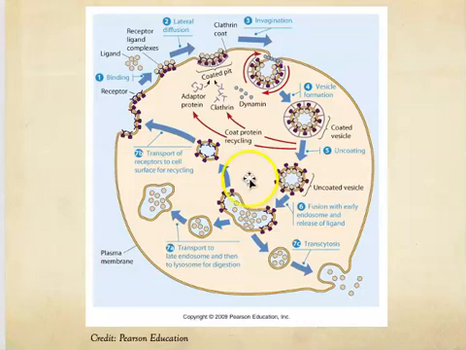Some of these molecules even end up being released on the other side of the cell. Remember, some cells are polarized. Some cells have an apical surface and a basal surface. So it's possible for certain ligands to come in through RME on the apical side of the cell, only to then be released intact on the basal side of the cell, so that the ligand can function somehow inside the deeper tissue.